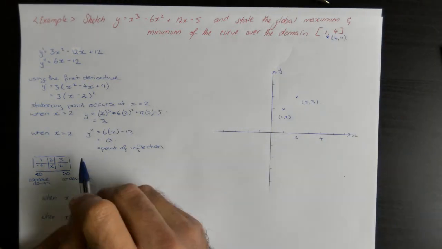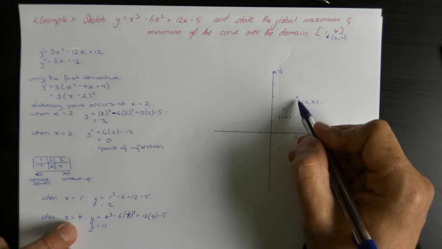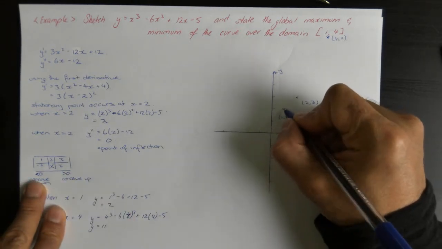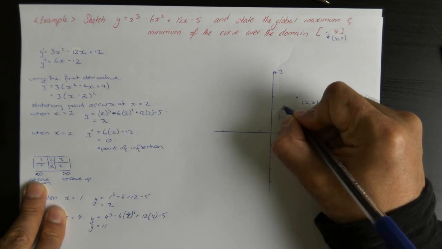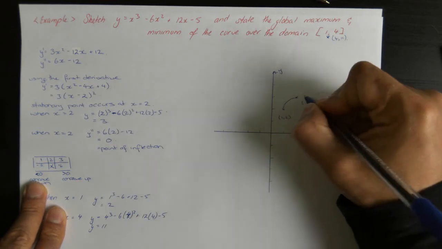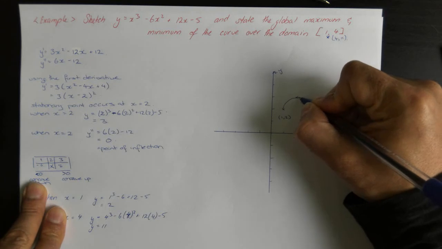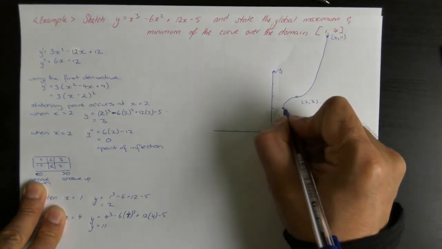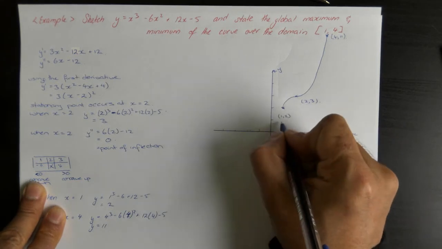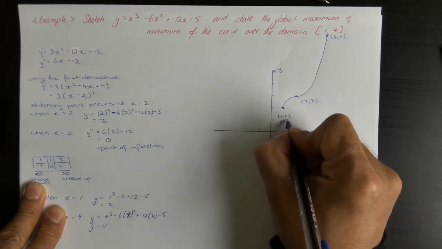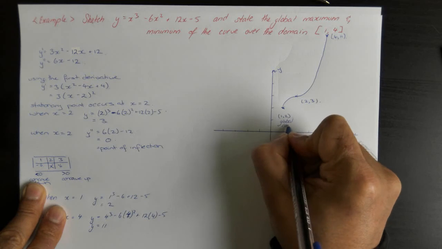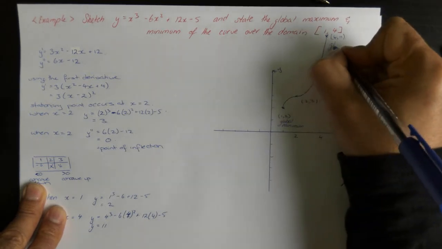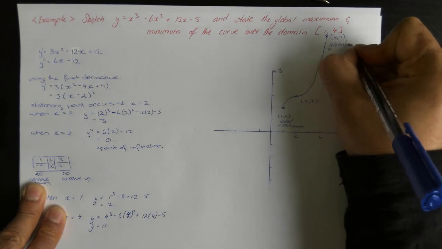Okay. And there's a point of inflection at x equals 2, and there's a change of concavity, so this would be concave down, and then this is going to be concave up. So this point here is our global minimum, and here is our global maximum.